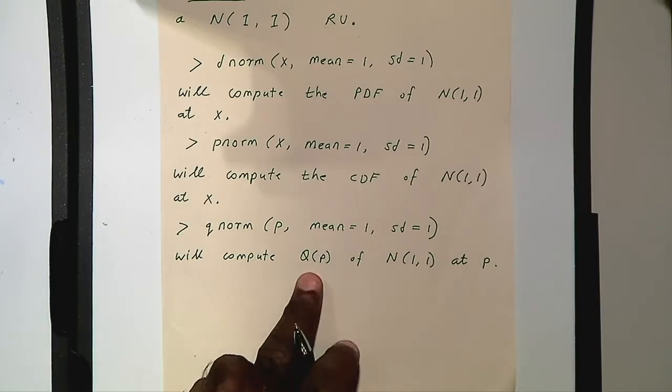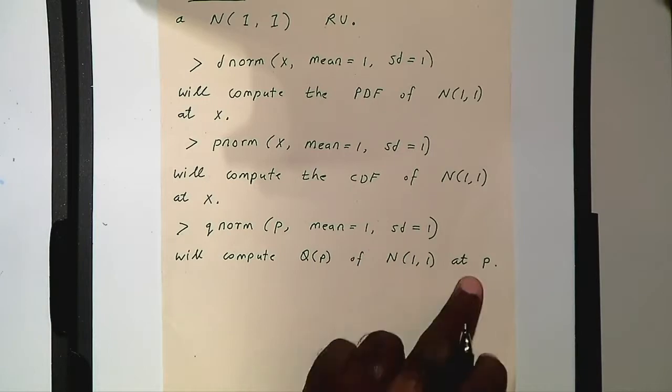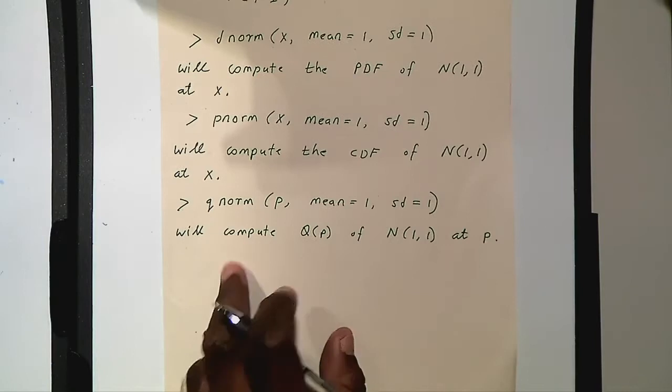It will compute q of p of the normal variable N(1,1) at the values specified by p. That's what qnorm does.